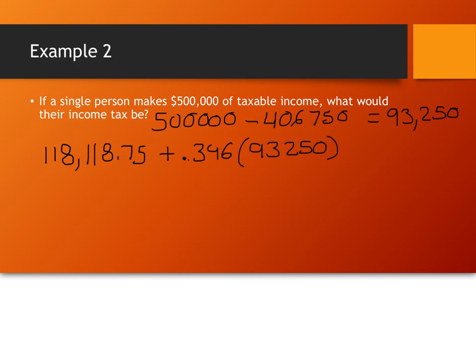All right. So type that into your calculator. 118.75 plus 0.396, times 93,250. So the amount of tax that you would pay to the federal government is $155,045.75.